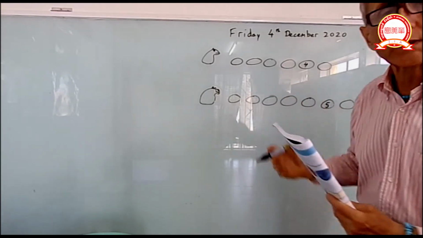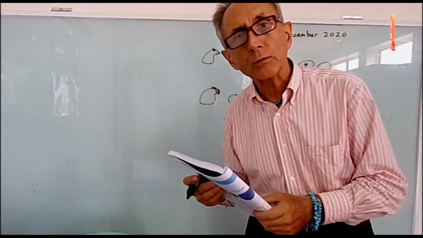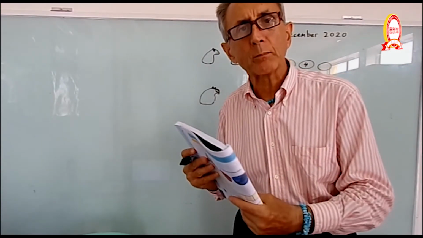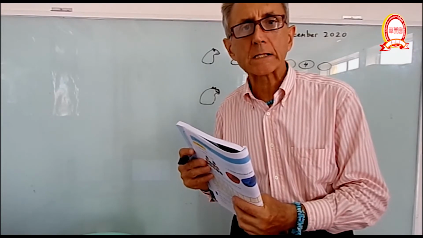So you don't copy teachers' numbers, you get your own by rolling a dice. Or ask mummy to tell you 2 numbers between 0 and 6.